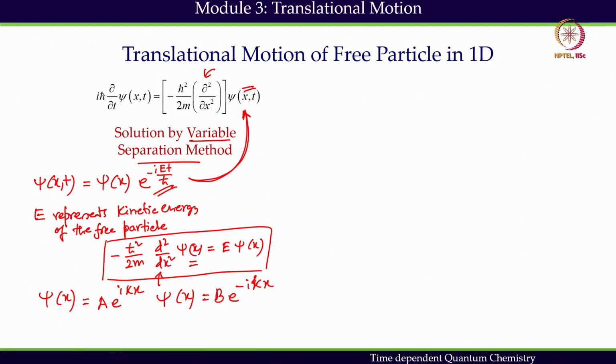These are the two solutions I can have. A and B are constants, and I can get these constants from the normalization condition.